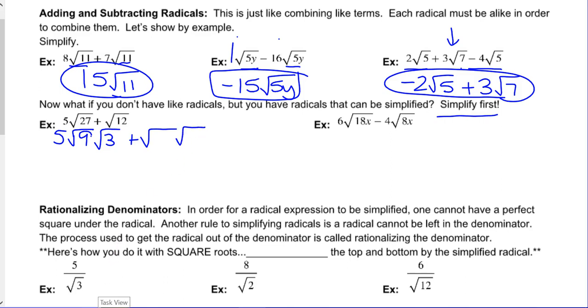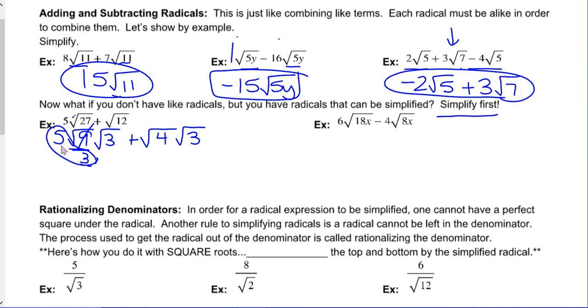1, 4, 9, then when it gets to 16, that's too much, so one of those has to go into 12, which is 4 times 3. So now I'm going to do this piece right here. Now that gives me a 3. But notice I have a 5 out front. Can't forget about that 5 because it's 5 times that radical.